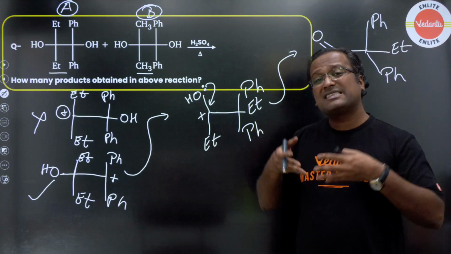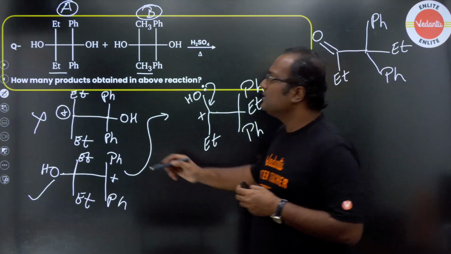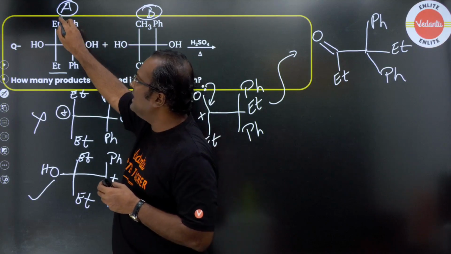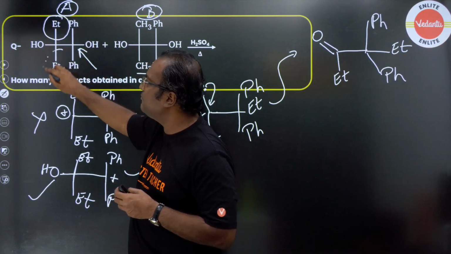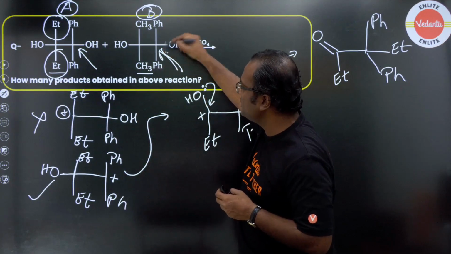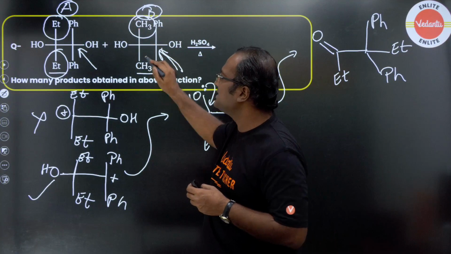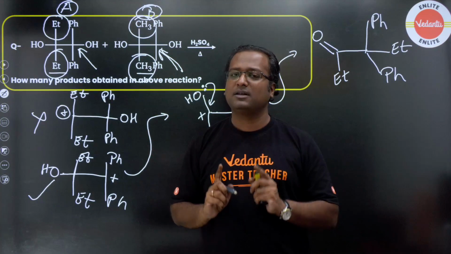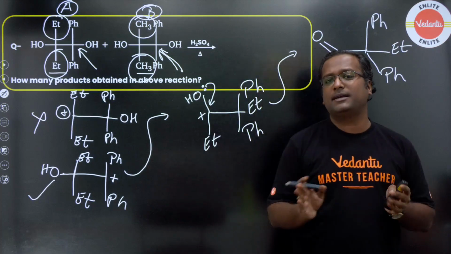It happens inside the molecule itself. So when we are making carbocation at this position, only the group present in the same compound can migrate. This is intramolecular reaction, not intermolecular.